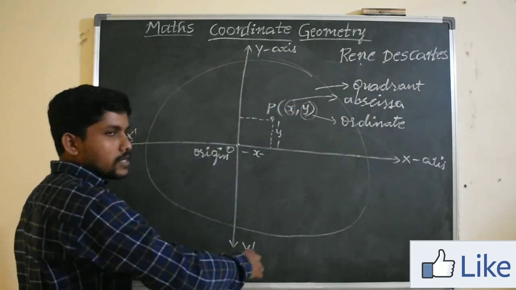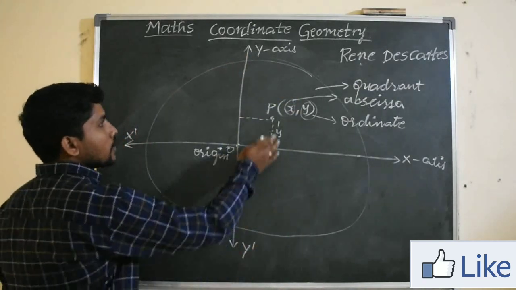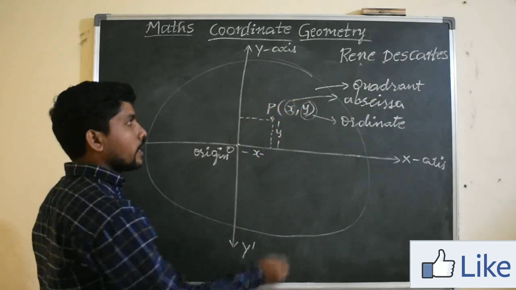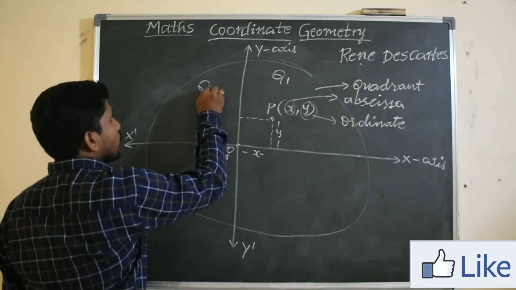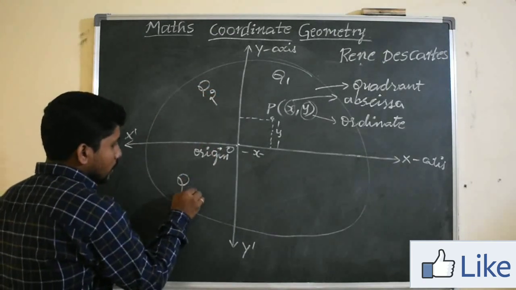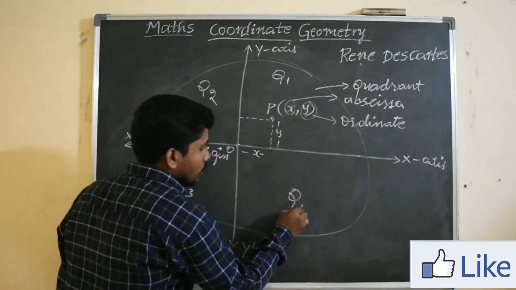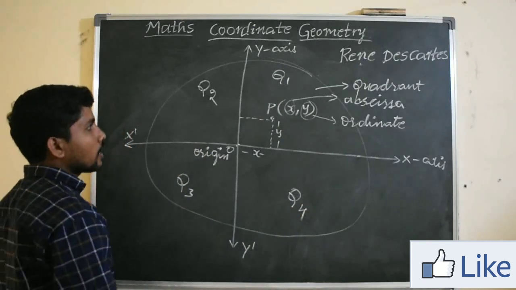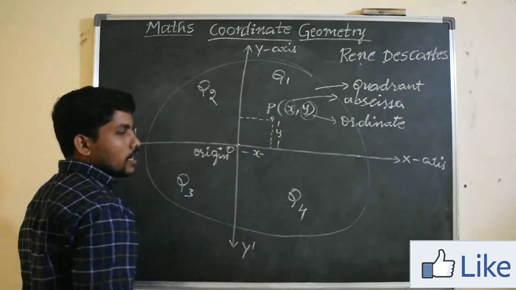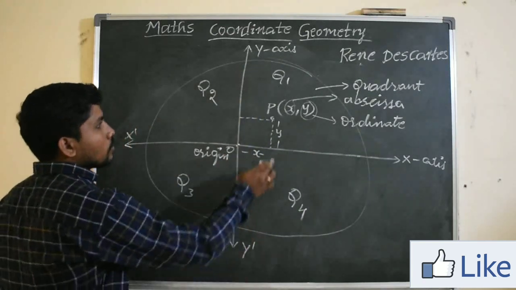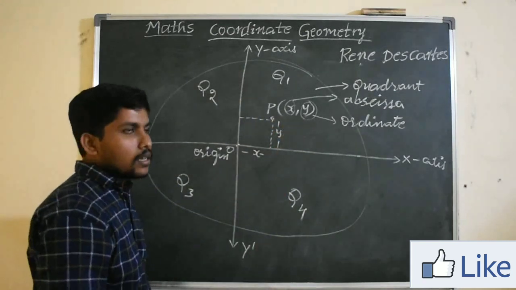Each of the four parts is called a quadrant: the first part is quadrant 1, the second quadrant 2, the third quadrant 3, the fourth quadrant 4. In the first quadrant, both x and y coordinates are positive.